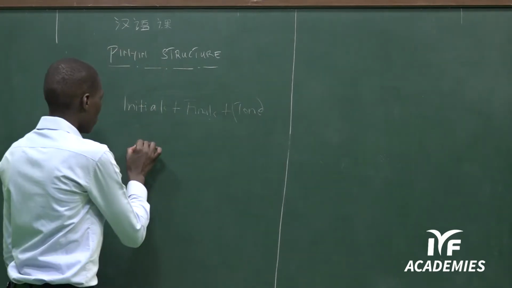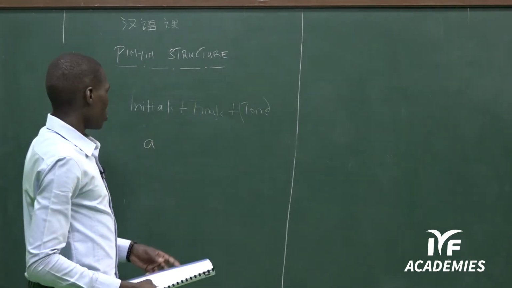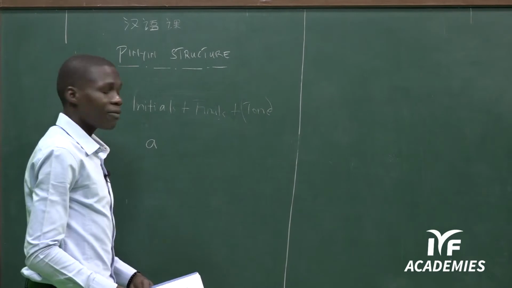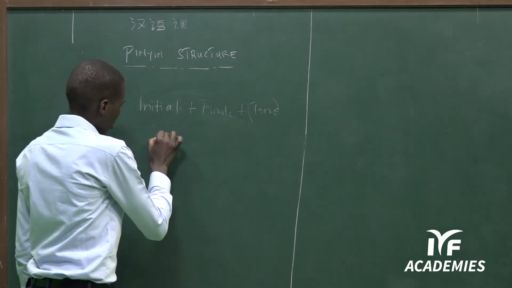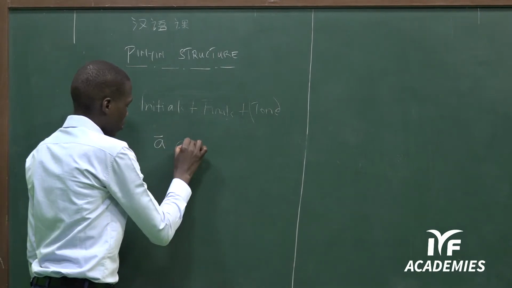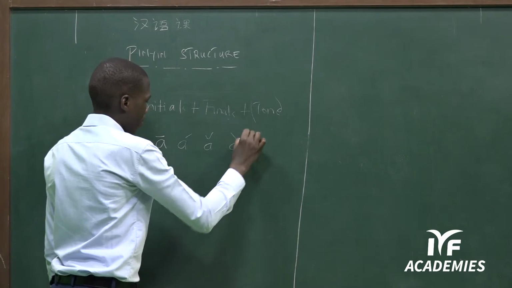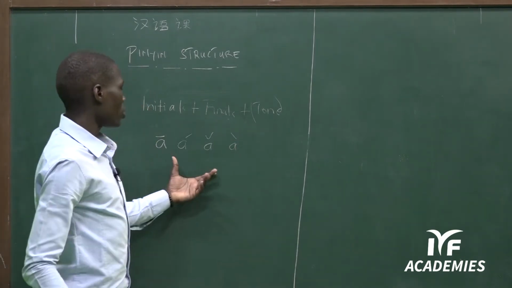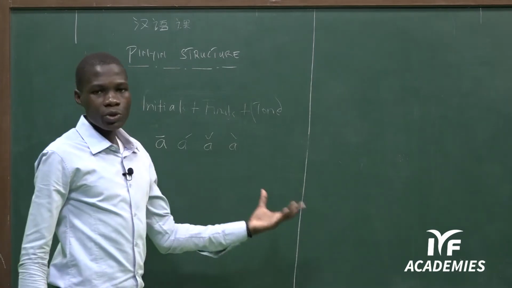First I have to write it below a vowel just to get the sound. So these are the 4 tones we are going to discuss. Of course, you have the neutral one, it's just neutral.